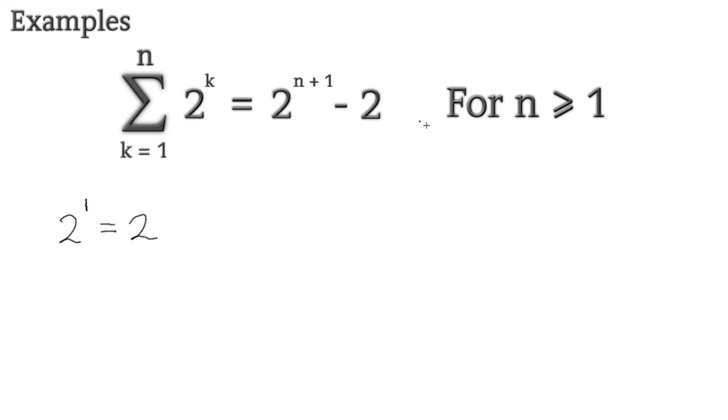And on the right we have 2 to the 1 plus 1, which is 2 to the 2, take 2, which also gives us 2, because this is 4 take 2. And so we have shown that it is proved for k equals 1.